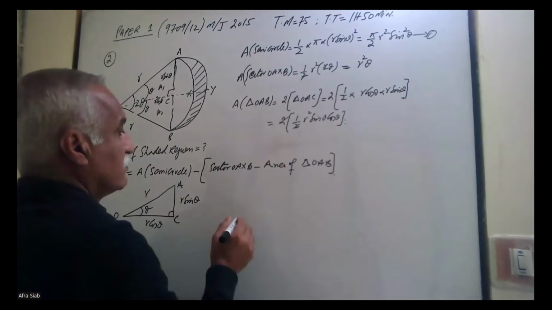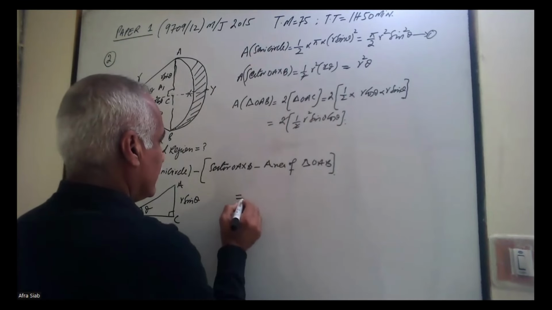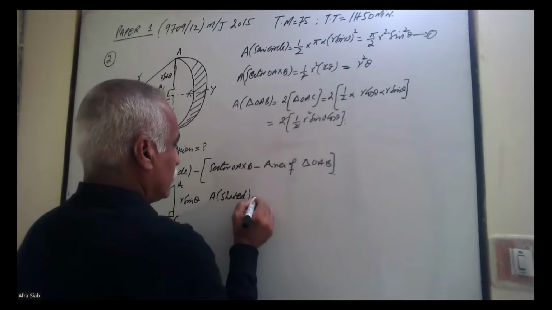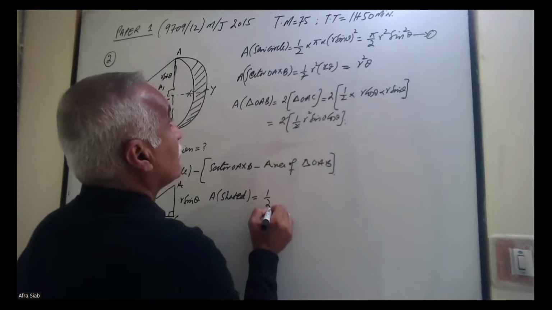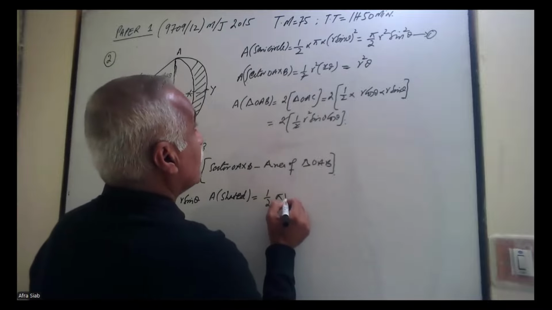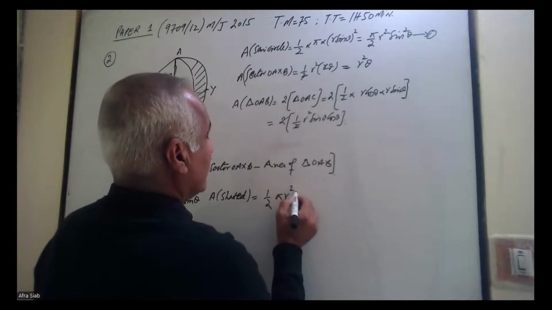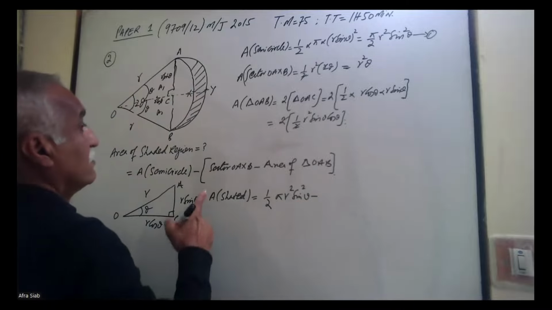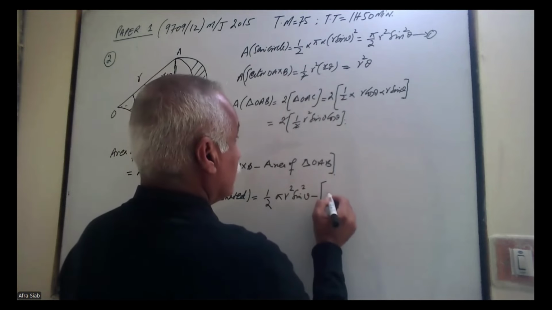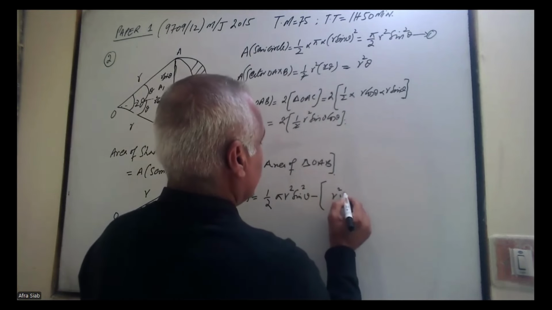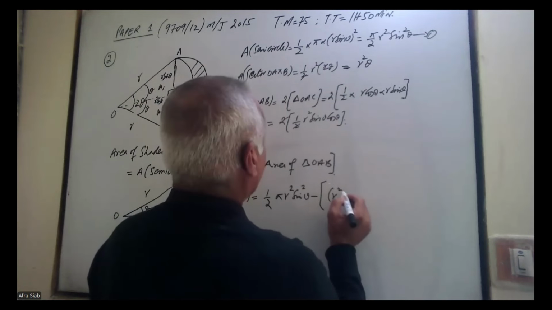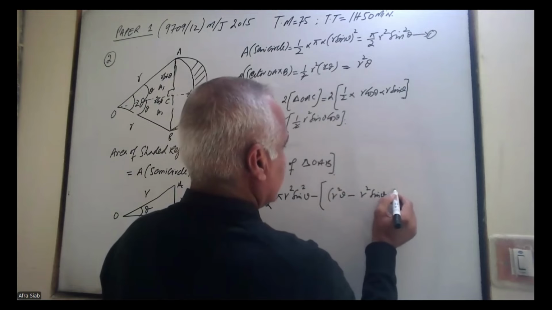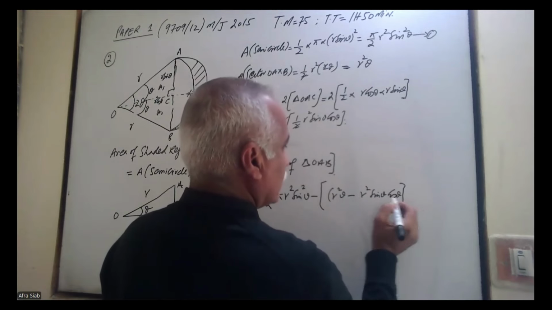using these three, the shaded region area is equal to half pi r square sin square theta minus area of the sector, which is equal to r square theta, minus area of the triangle, there is r square sin theta cos theta.